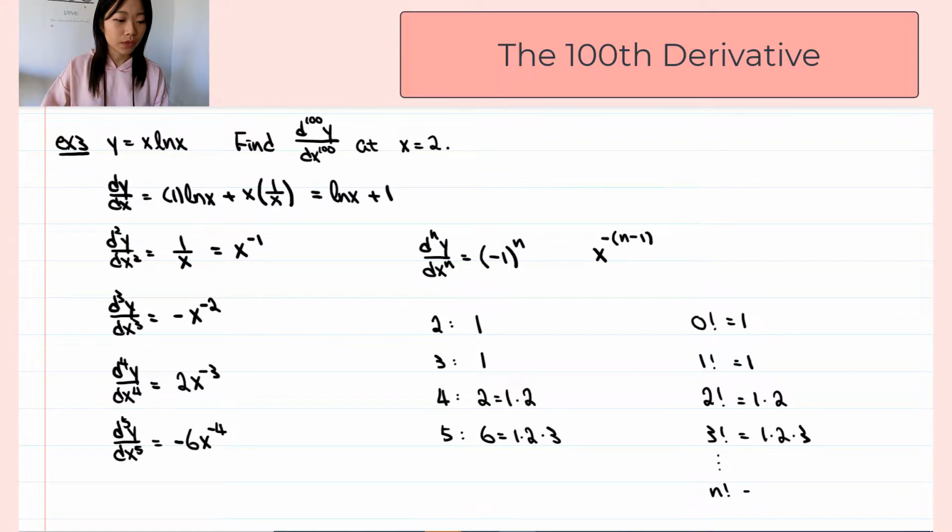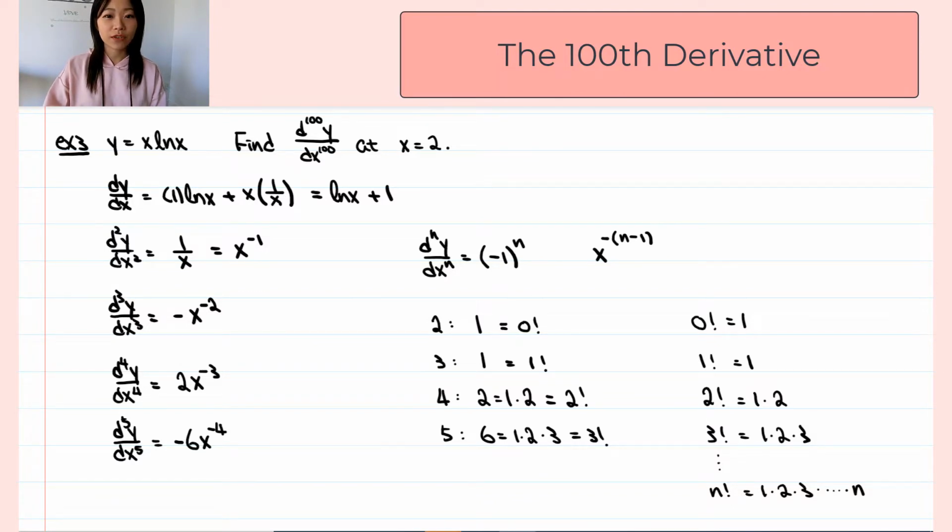N factorial would be 1 times 2 times 3 until times n. So using this, we can rewrite the constant in front. Second derivative is 0 factorial. Third derivative is 1 factorial. Fourth derivative, the constant in front is 2 factorial. And for the fifth derivative, it's 3 factorial. So it's always the nth derivative minus 2 factorial.